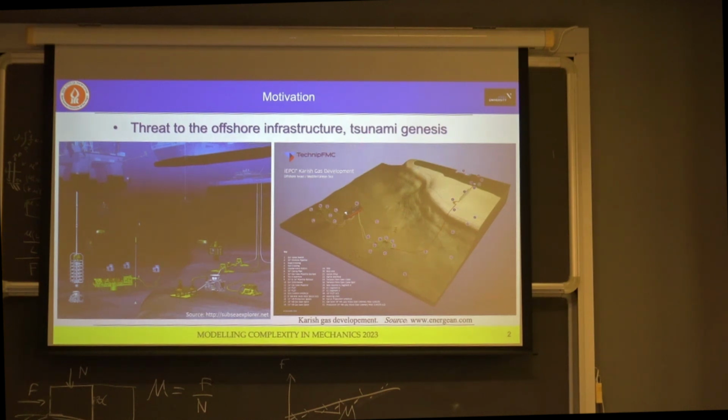The other aspect is the genesis of tsunami. A submarine landslide can also cause huge tsunami waves, and it can also harm the infrastructures and the population.